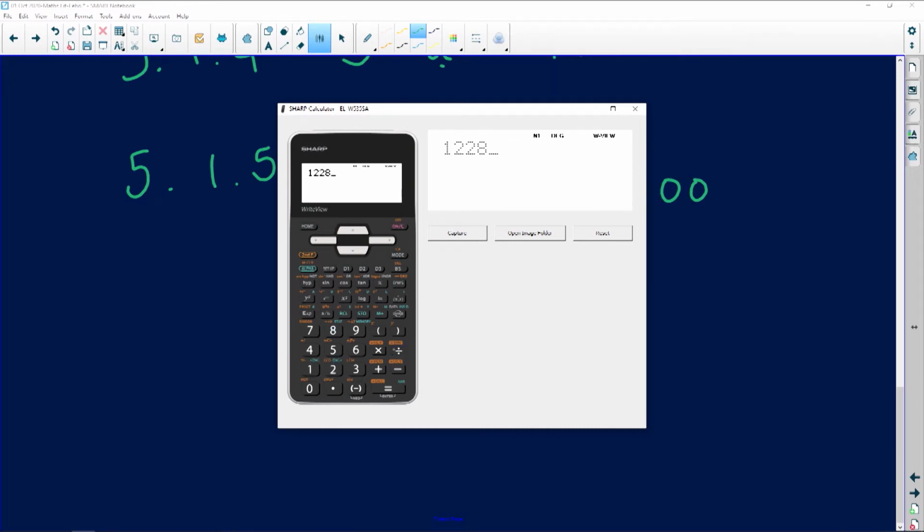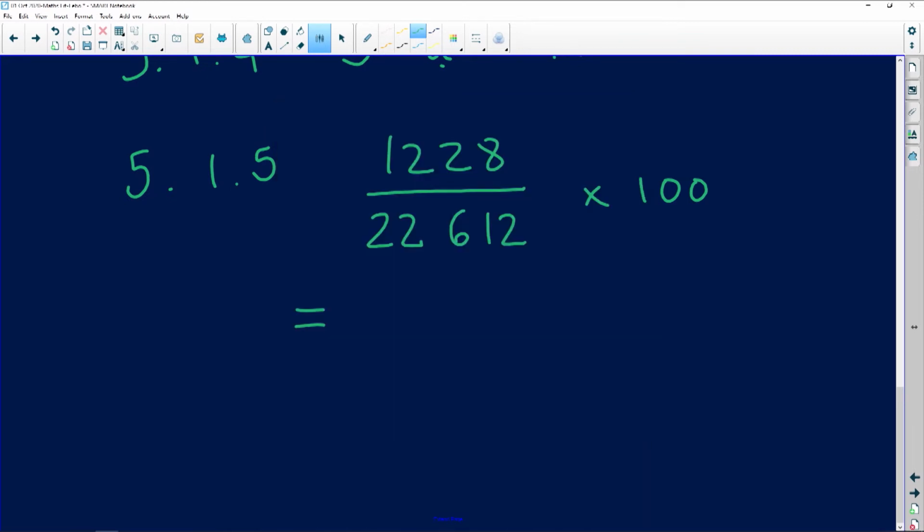So 1,228 divided by 22,612, multiplied by 100 because we want it as a percentage. That's 5.43%. That's a very small percentage to be working with, but in any case, that is what we are being asked. That is 3 marks.